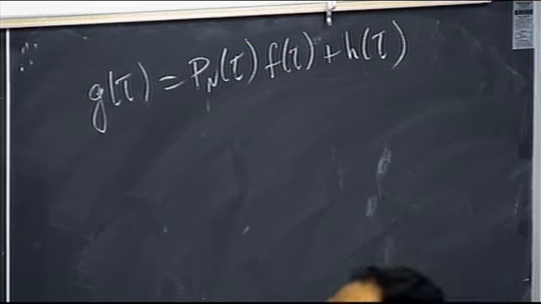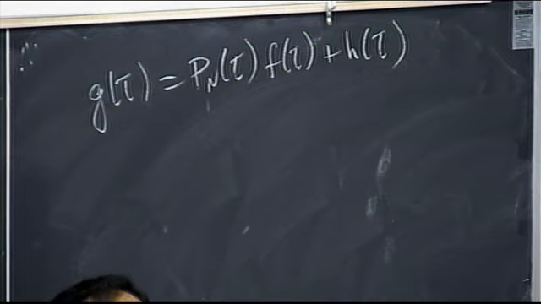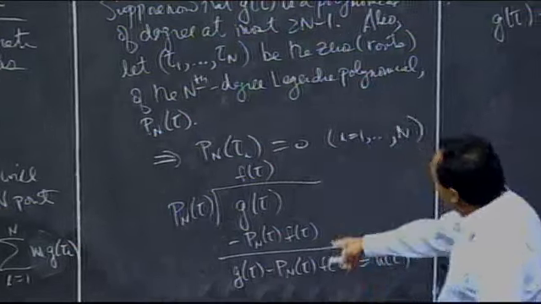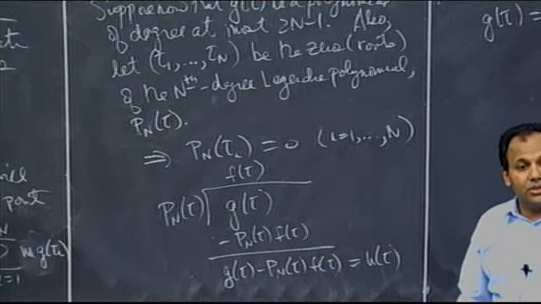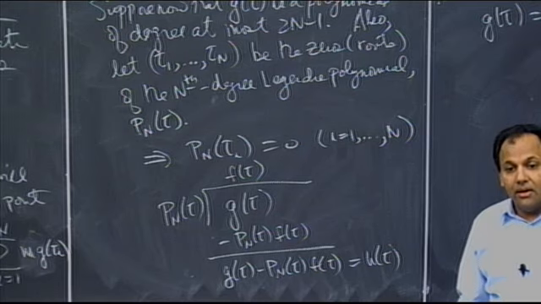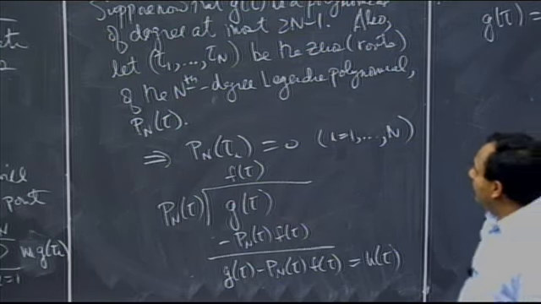Now, given the fact that this function g of tau is a polynomial of degree at most 2n minus 1, if I divide it by a polynomial of degree n, what can f possibly be at most? Taking a polynomial of degree 2n minus 1, I'm dividing it by another polynomial of degree n. So what's the maximum degree that the polynomial f of tau can have? n minus 1, right?